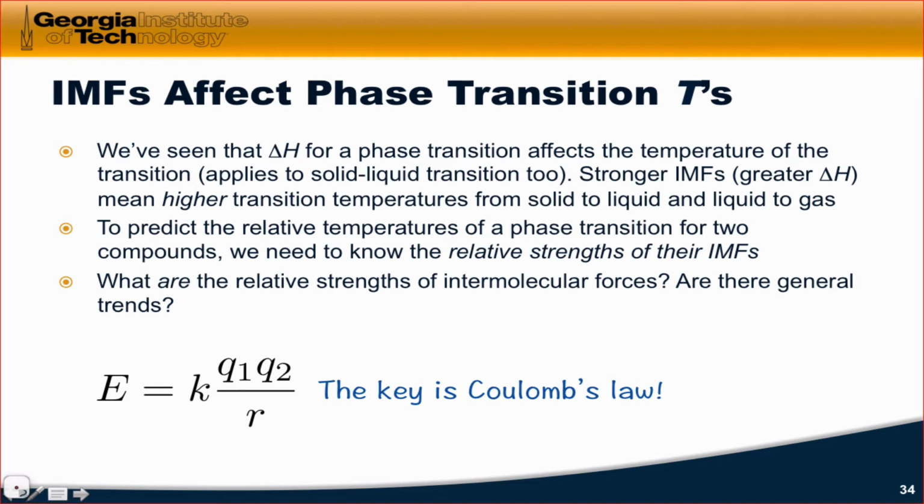Remember, we said we distinguish the forces by the extent of the charges, whether they're full ions or partial dipoles, as well as whether they're permanent or temporary, which isn't quite built into Coulomb's law, but will influence, for example, the average distance between molecules with a dipole at a particular moment in time in the case of temporary dipoles. Really, the key at the root of it all is Coulomb's law, which by now, hopefully, is an idea that you're used to. Coulomb's law being very important for chemistry in general.